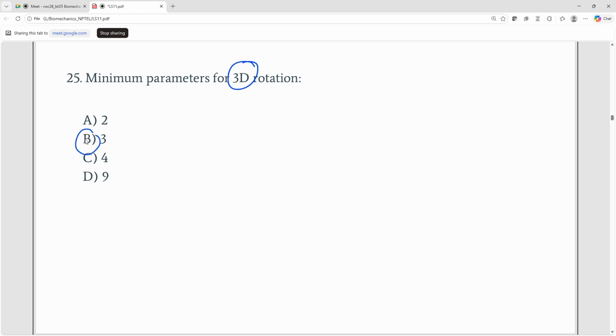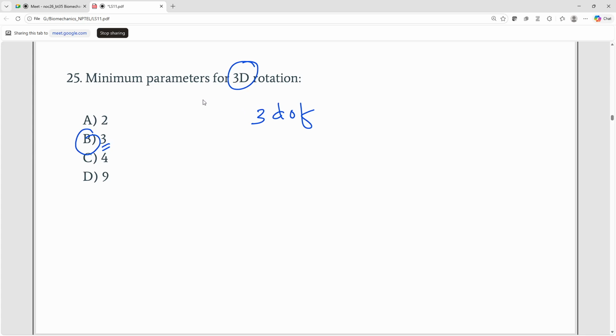Correct answer is option B, 3, because it's a 3D rotation, so there will be 3 degrees of freedom. So you have to define the 3 degrees of freedom to represent the minimum parameters.